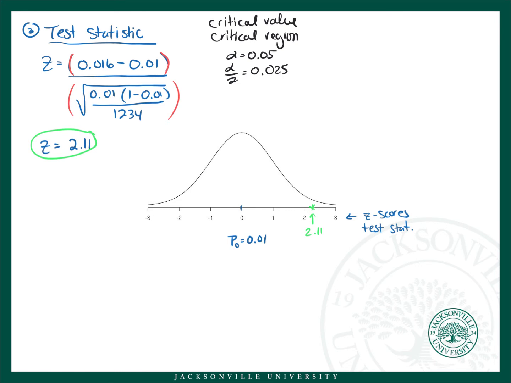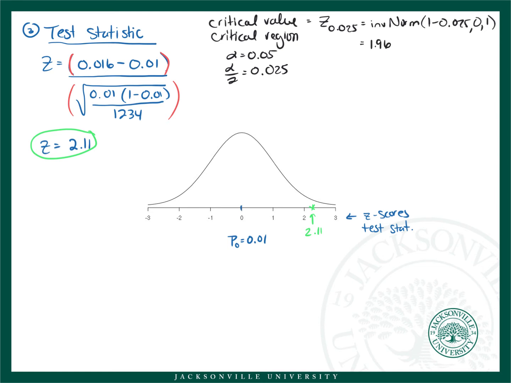Let me shade that. Let's go ahead and get the critical value. The critical value is z sub alpha divided by 2, z sub 0.025. On your calculator, you can use inverse norm and just type in 1 minus 0.025, comma 0, comma 1, and that's going to give us a critical value of 1.96.